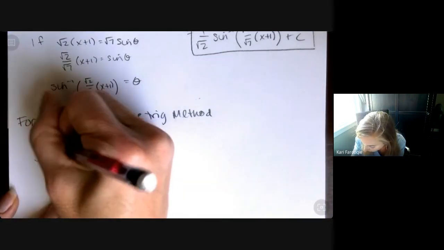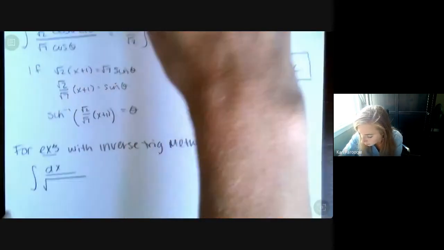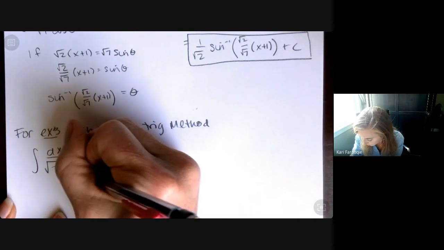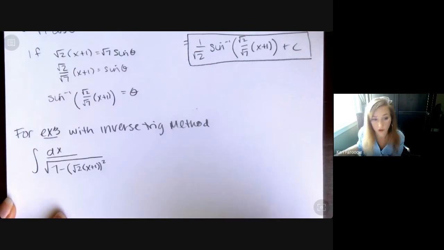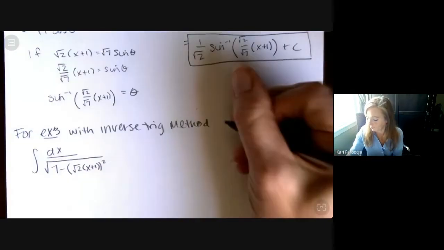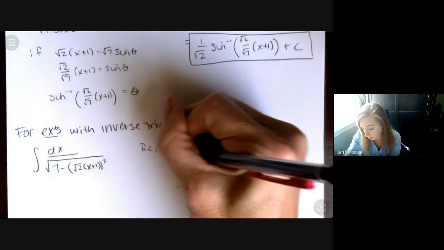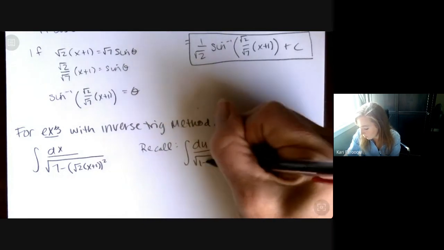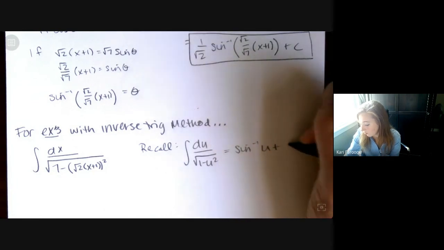So let's say you were back here, and then we had the square root of 7 minus the square root of 2 times x plus 1 squared. I'm going to write it again just because it was a while ago. du over the square root of 1 minus u squared is the inverse sine of u plus c.